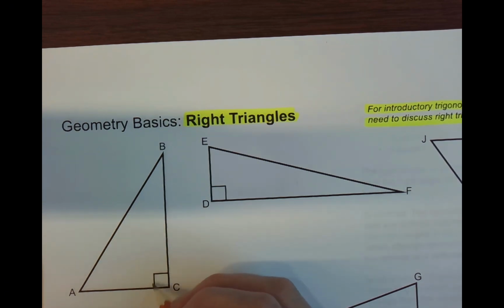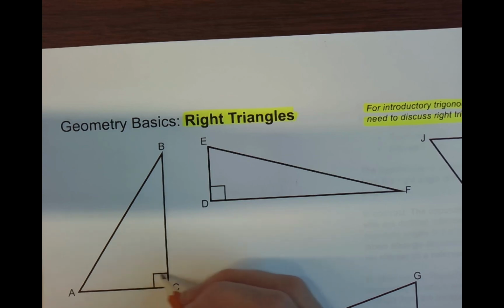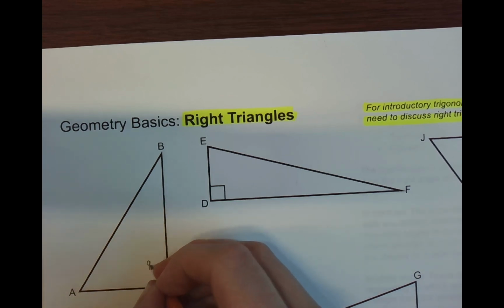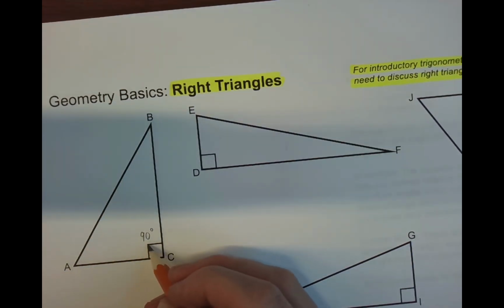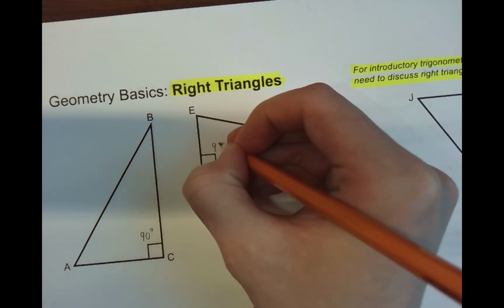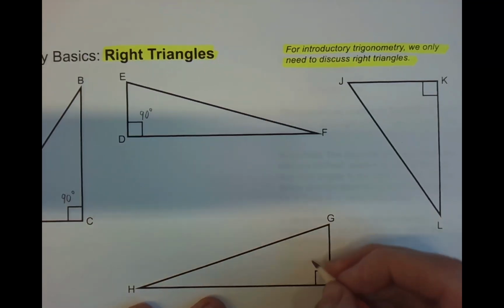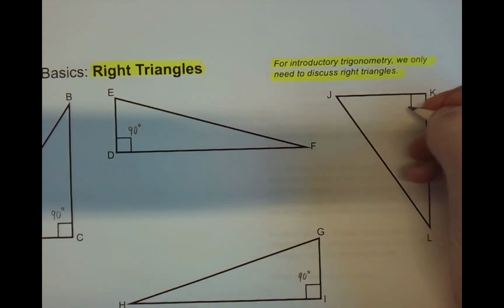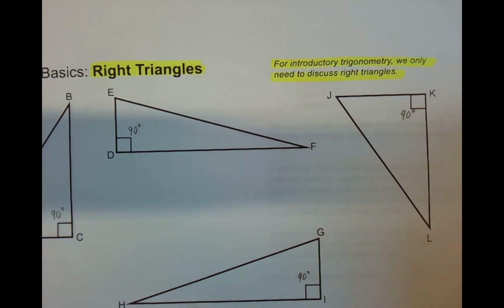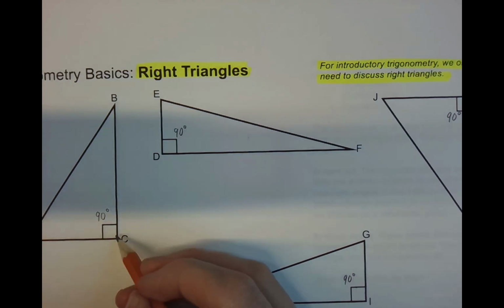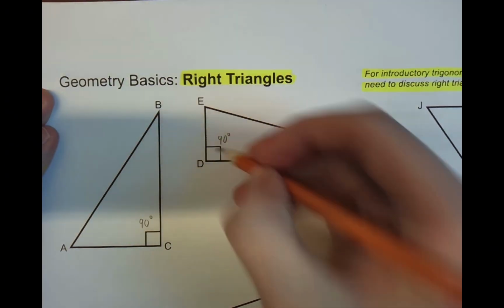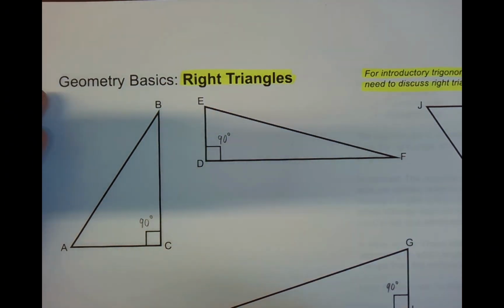It has one right angle, which is a 90-degree angle. This little box is a conventional way of saying that's a right angle. And that just tells us that these two lines are perpendicular. Two perpendicular lines meet at a right angle.